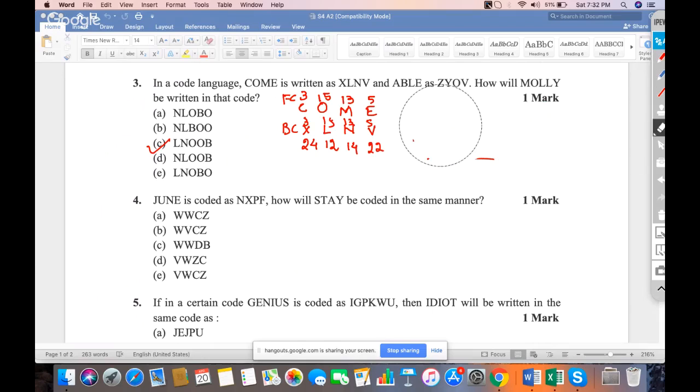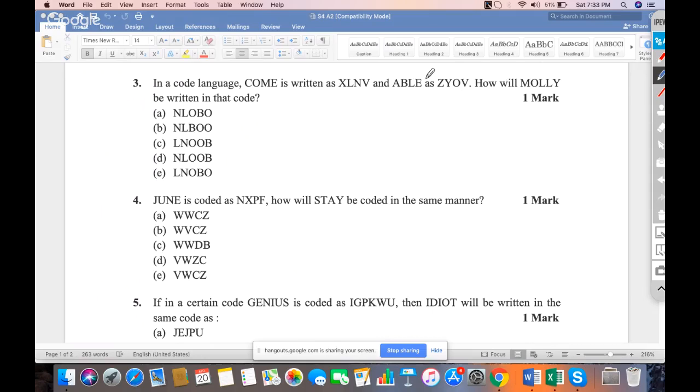What's the answer? A lot of you are saying A. One of you is saying B.